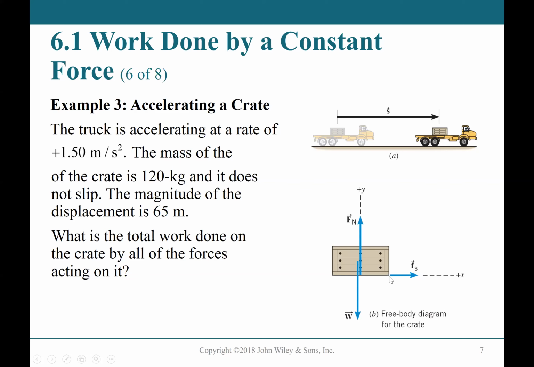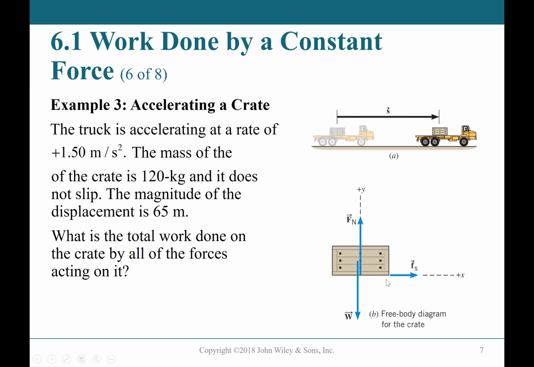Remember our free body diagram, because in chapter 4 we learned that we can have all kinds of forces: the normal force, weight, which is a type of force, and frictional forces. So before I can find the work done, I must first identify all of my forces.